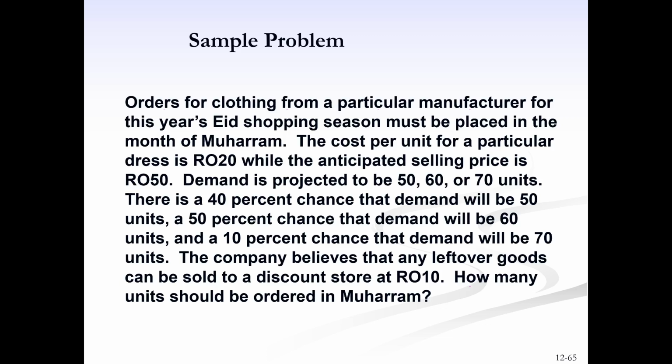We can decide what to do. So if we know the demand is going to be 50, 60 or 70 units, then our alternatives can also be, we can make 50 units, 60 units or 70 units, and that is the only trick in this problem. The rest is easy. Let's see the next slide to see how it is solved.